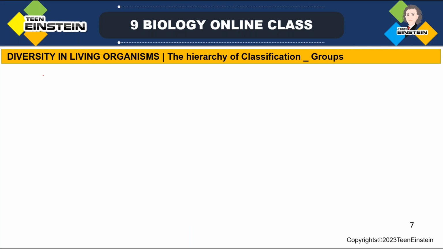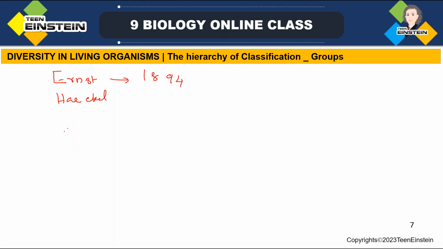Okay, so here we need to learn three names of biologists. Ernest Haeckel in 1894.